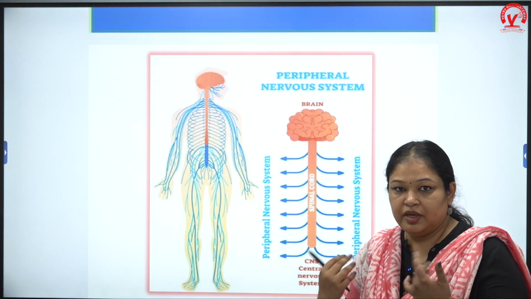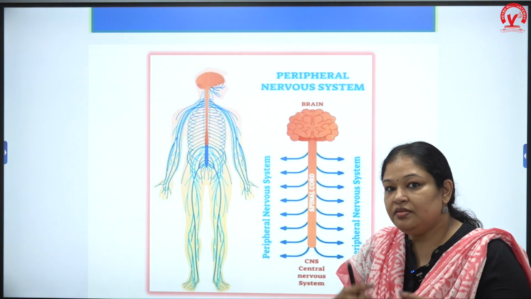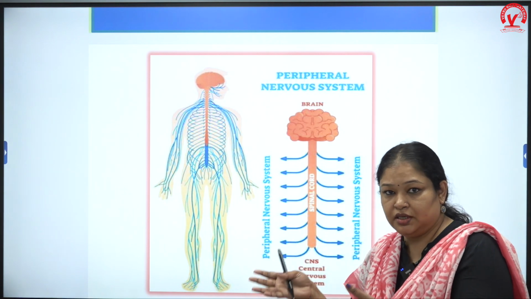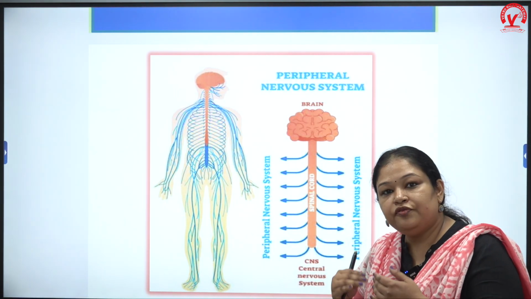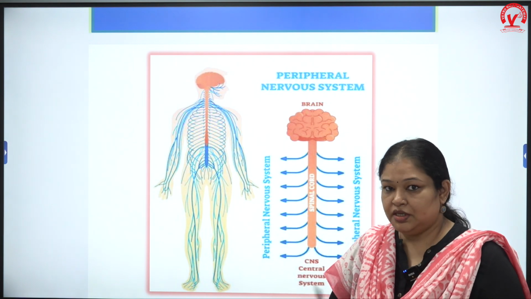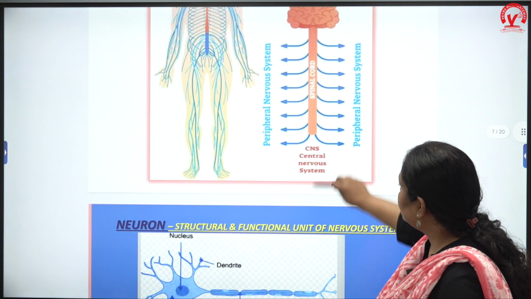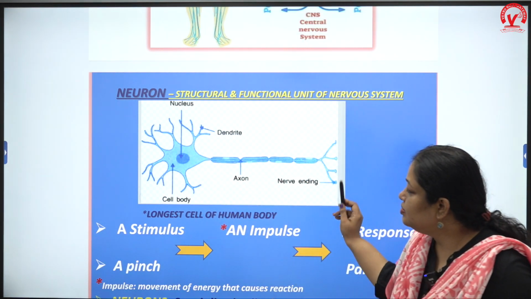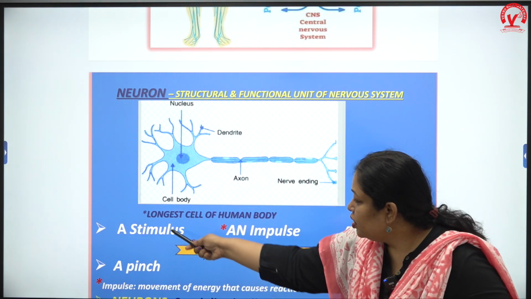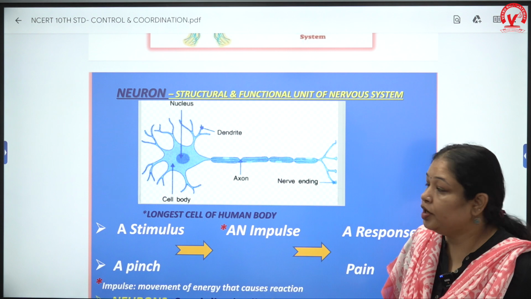We have billions of them in our body. They send signals between the central nervous system and the peripheral nervous system. This is one neuron, a single neuron. It is the longest cell of the human body.